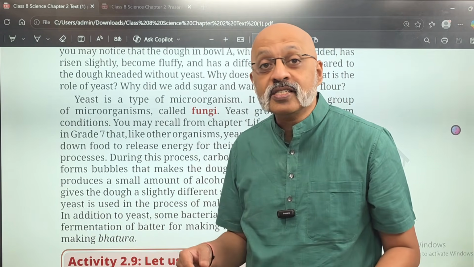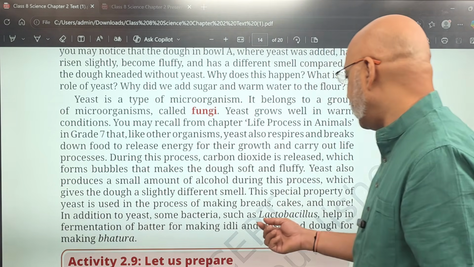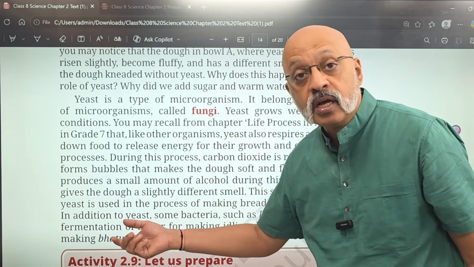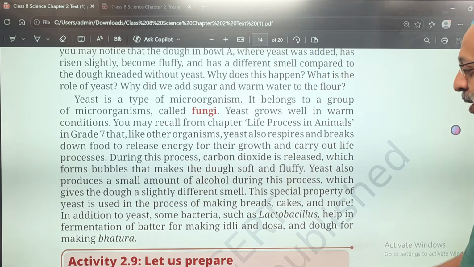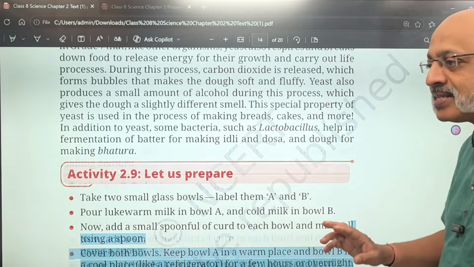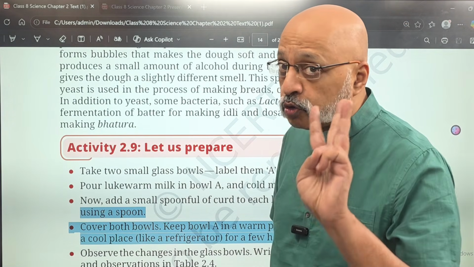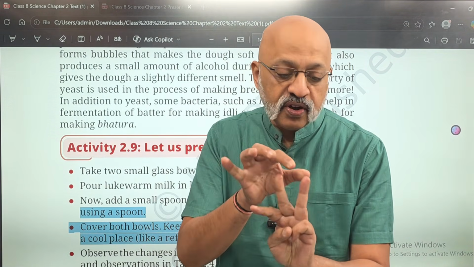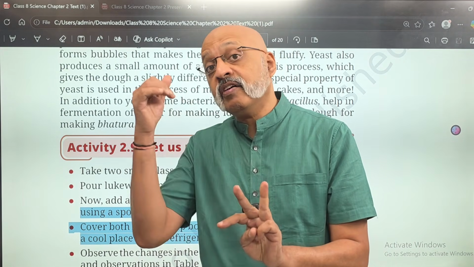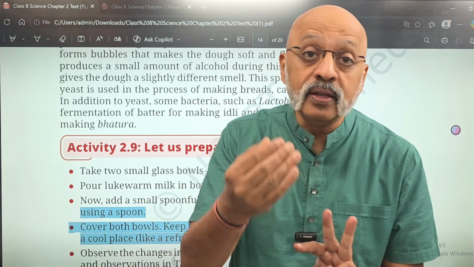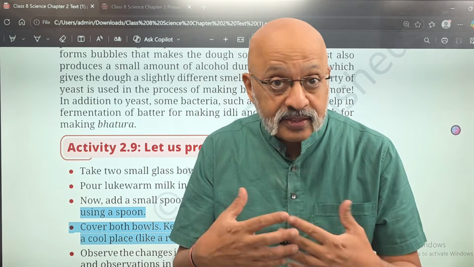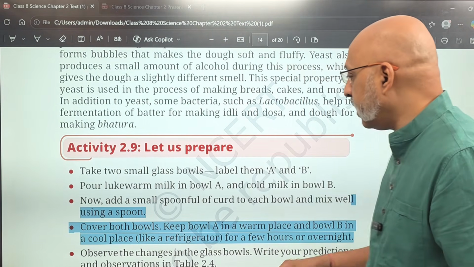So these are some of the advantages. I've told you three: lactobacillus, a bacteria; yeast, which is a fungus; and also some bacteria developed by Dr. Chakrabarty, which help in fighting oil spills and thereby saving the environment.